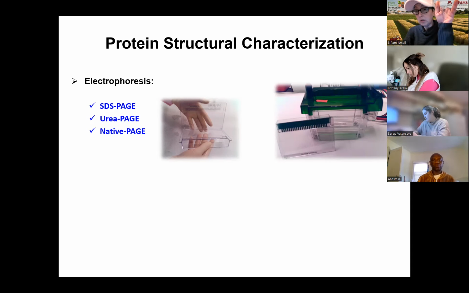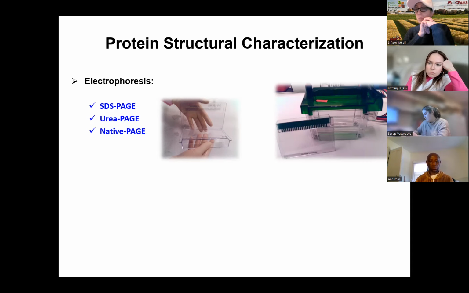And then you put the covers on that have the wires that go into a voltage generator, and then you run the gel. Usually your proteins are put in what we call Laemmli buffer, so it has a blue color, so you would see them going down the gel.